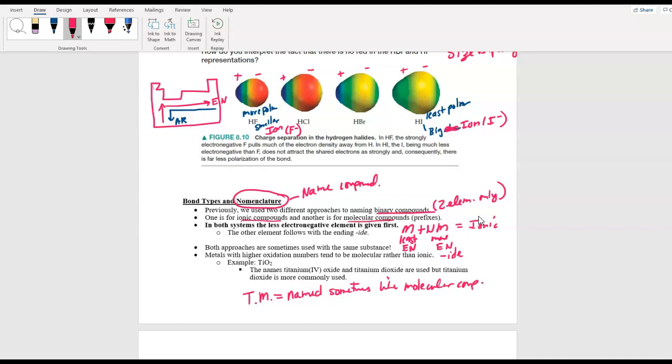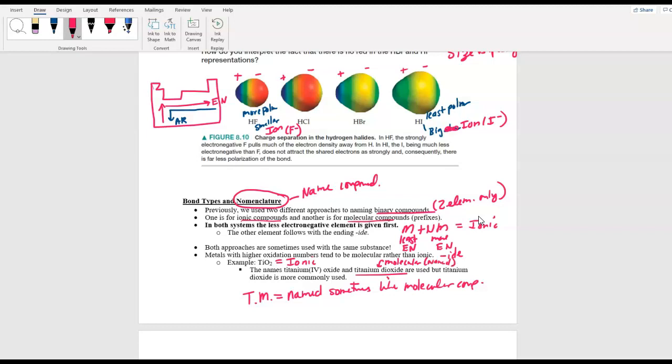For example, TiO2. Now we know that is straight ionic. However, we actually have this chemical in the stock room, and its name on the bottle looks like this: titanium dioxide. And when you're looking at that, you're like, wait a minute, they just named it with a prefix? They just named it like it's a molecular compound.